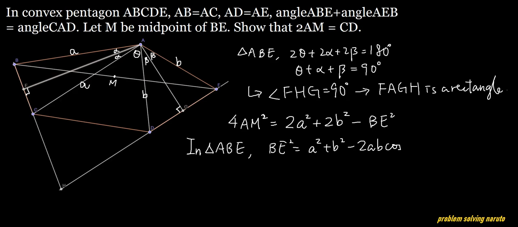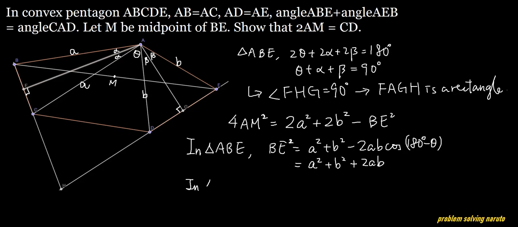We know this is 90, that's alpha, so that's 180 minus theta. But actually, cosine of 180 minus theta is just negative cosine theta. So we can reduce it to plus 2AB cosine theta.